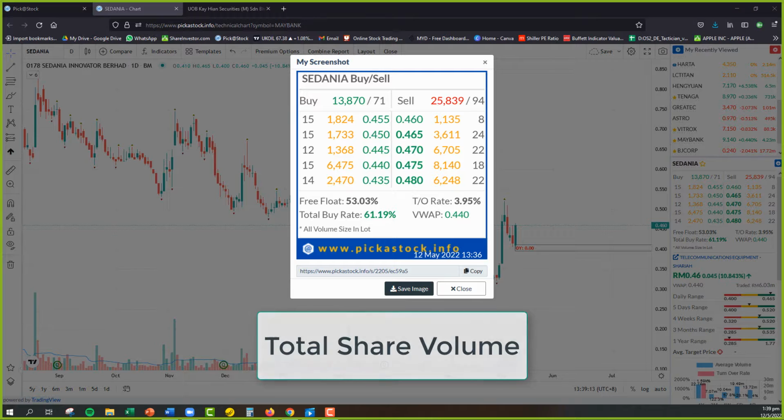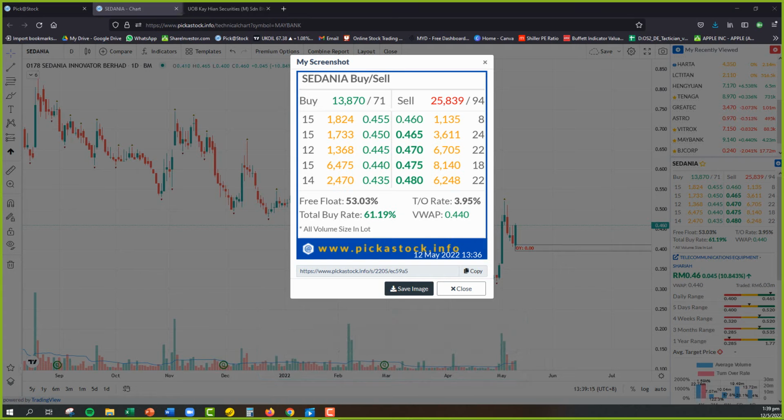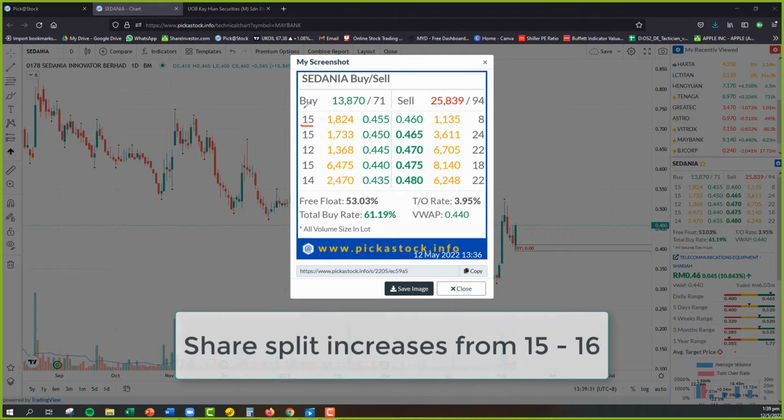Now, for example, if you were to enter one lot, one order to buy at, let's say, 45.5 cents, this number will show up on the left-hand side. This 15 will show up as a 16. This is the total share split.